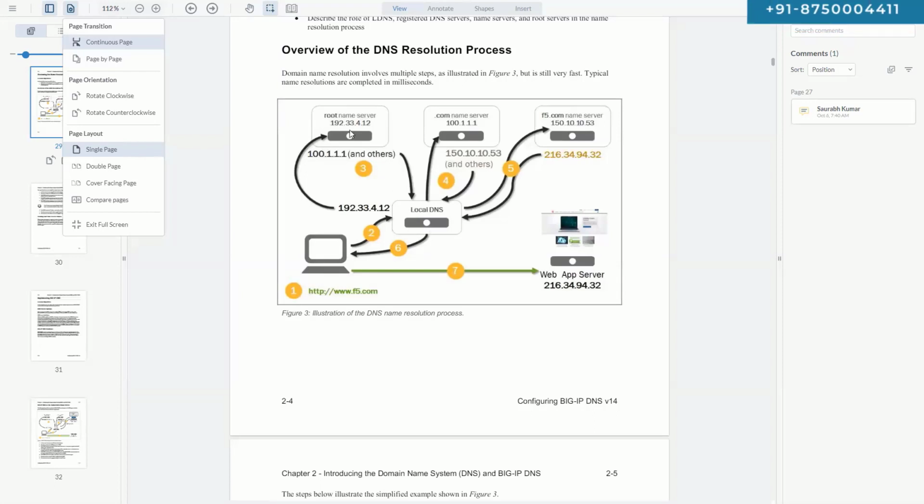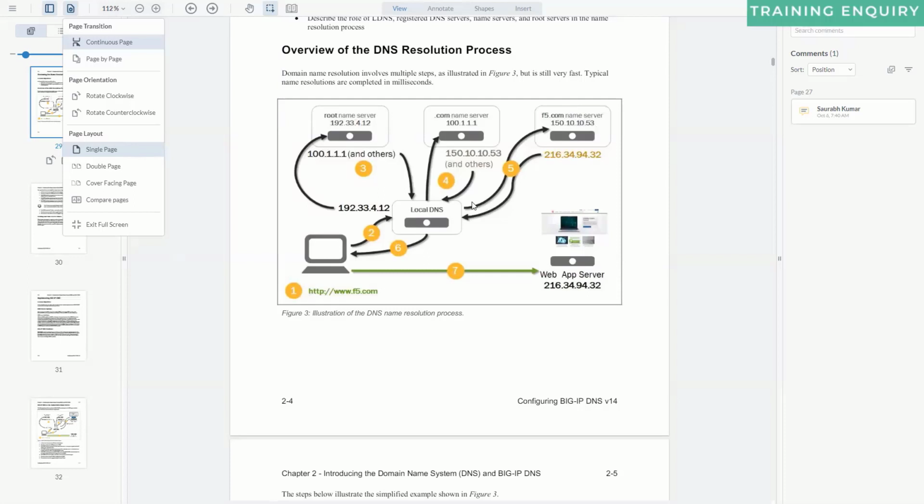The root will provide, and you know how many root servers there are and who is managing them. The root server will provide an IP address of the TLD, top level domain server, and then the TLD would be responsible to provide you an IP address of the authoritative server, or you can call them simply name servers. The authoritative servers are also known as the name server.